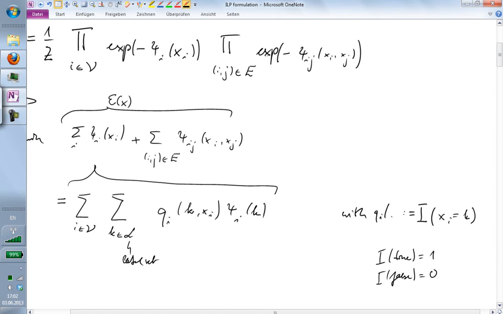So you see q_i depends on k and on x_i. The first argument here is the pixel index, and the second argument is the label index. If I have a binary Markov random field, then k would be in the set 0 or 1.